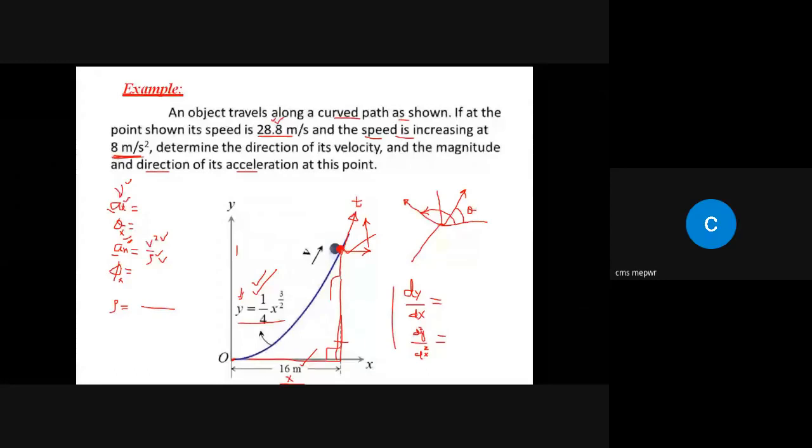Okay, imagine I take a very small differential segment. The curve is basically a combination of many small lines which change direction at every instant. So we can get a very small differential triangle. The angle over here will be equal to the angle over here, and that will also be equal to the angle over here. Is it clear?